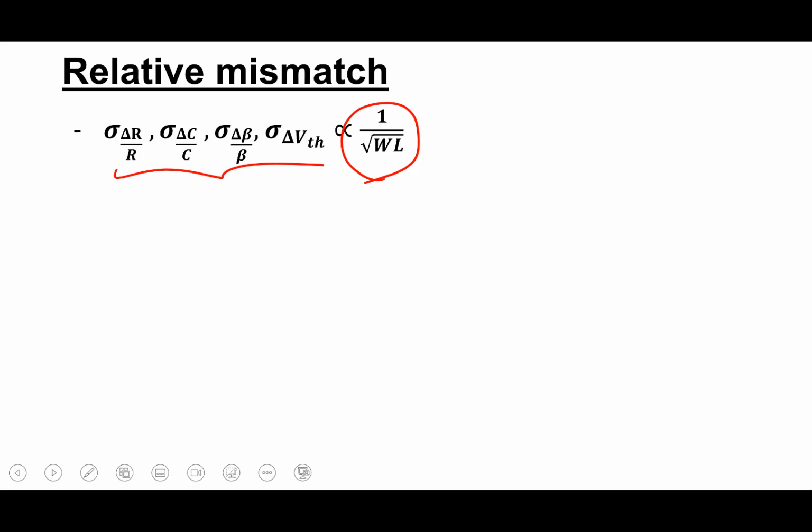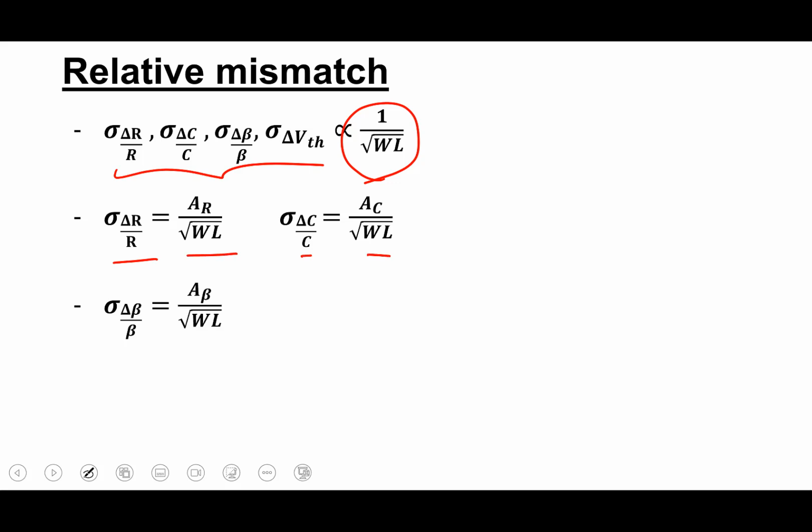Again, I'll give an exercise problem so that you understand it. So which means you can say that this is this, this is this, same with all. So what is the unit of this, by the way? Sigma delta R by R? No unit. So what should be the unit of this proportionality constant?